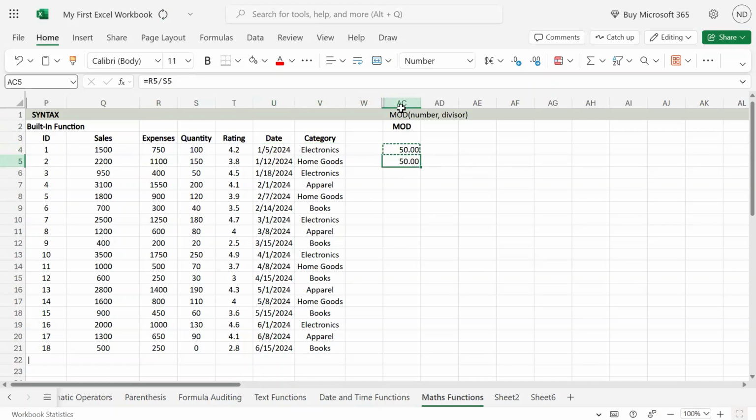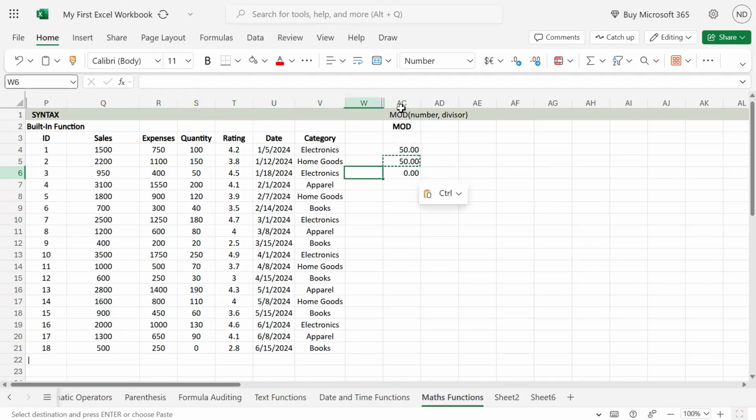Same way here, again 50 as remainder, because 150 multiplied multiple times gives 1050, and if I subtract that from 1100, I get 50.